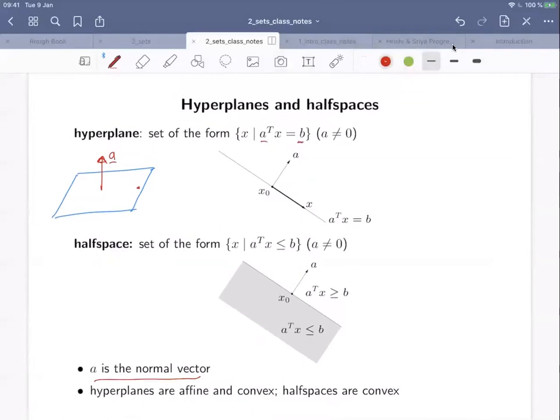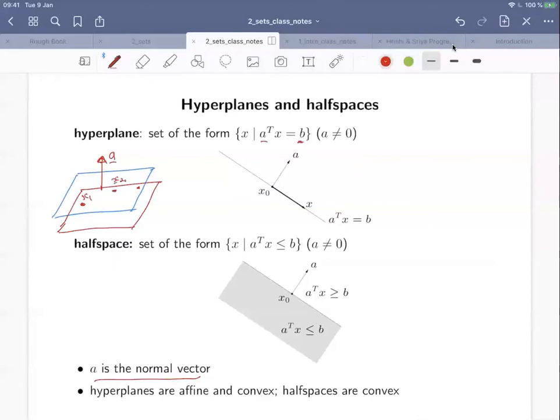So when we vary B, what happens? If you vary B, we will get a different plane with the same slope with a different shift. If B is equal to 0, then we have a plane passing through the origin, right? So let's take this plane and take 2 points, x1 here, x2 here.